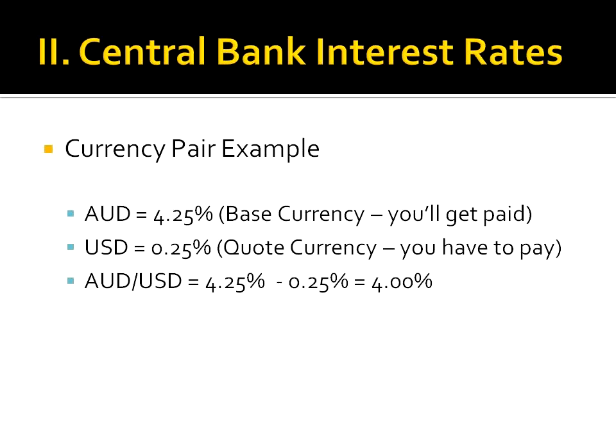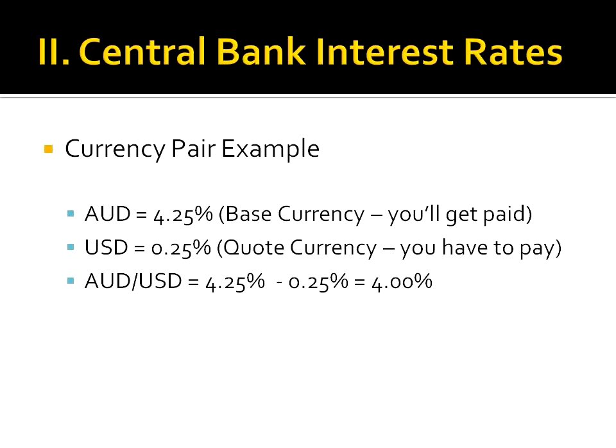And the best example is the Australian dollar, US dollar. The math is simple, so it's going to be very easy to explain. In the currency pair Australian dollar, US dollar, the Australian dollar being the base is the first currency of the pair, and that country's interest rate is 4.25%. The US dollar, 0.25%.